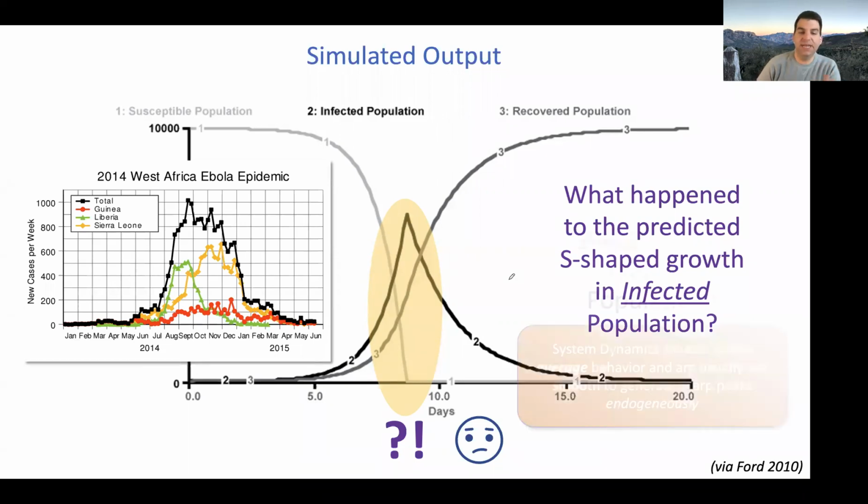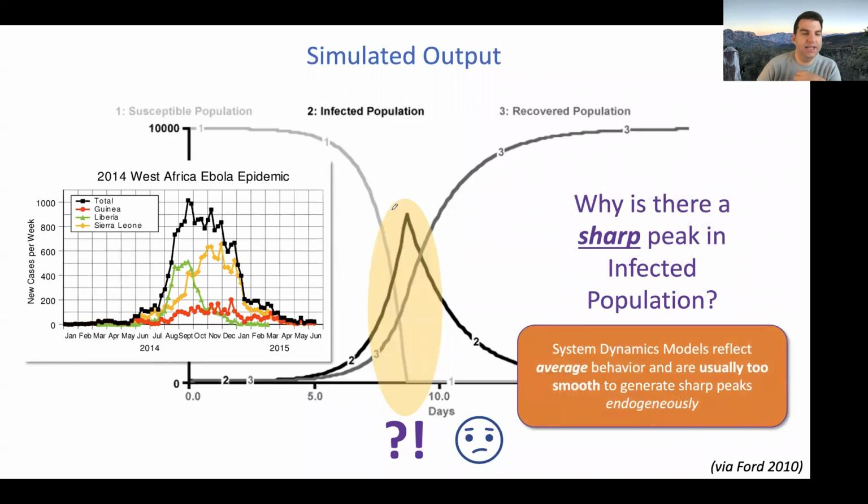So in some ways, it feels like I did something right, but I don't quite understand what's going on. And as a system dynamics modeler, I need to learn to look for these really sharp peaks. See how it rises up and immediately falls down? System dynamics models are models of averages, basically. They're the average behavior over time. So even though real data does have sharp peaks like this, a system dynamics model is really meant to capture the average trend of this infection peak.